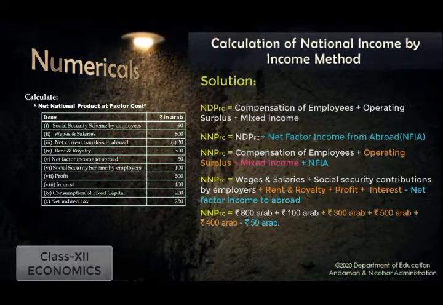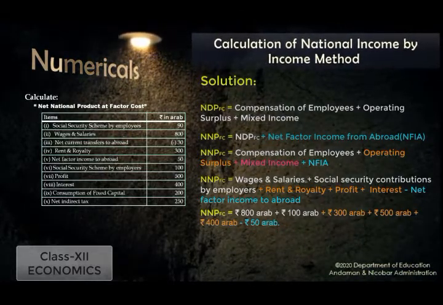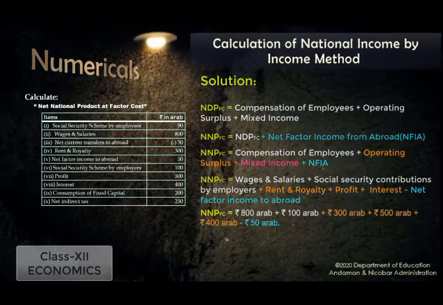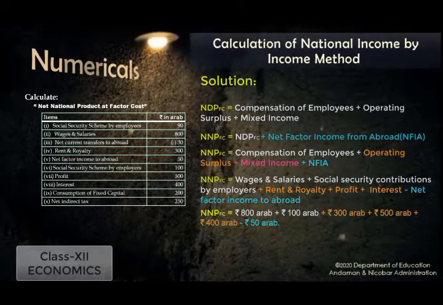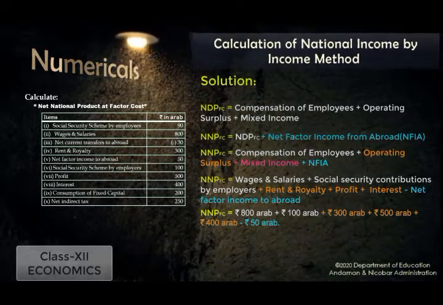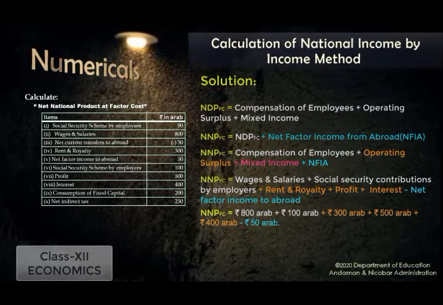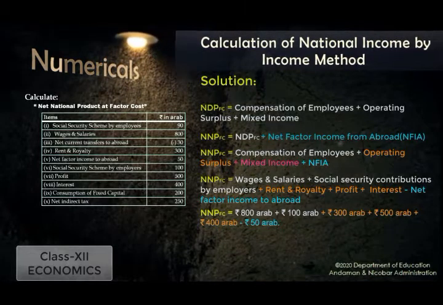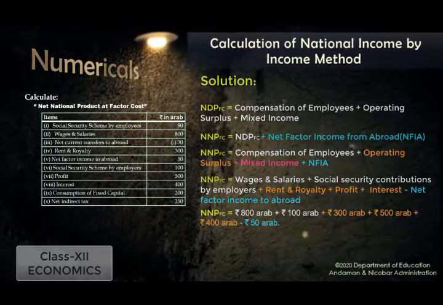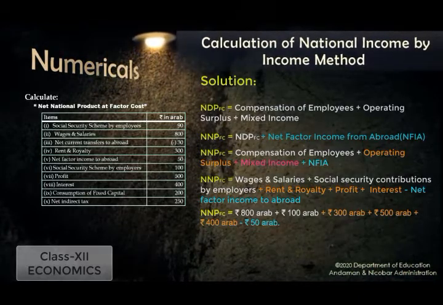Along with this, we add the net factor income from abroad. One more thing you need to keep in mind here: what we have studied so far is the net factor income from abroad, which is added in the national income, but here we have the value of net factor income to abroad. So that value should be subtracted.